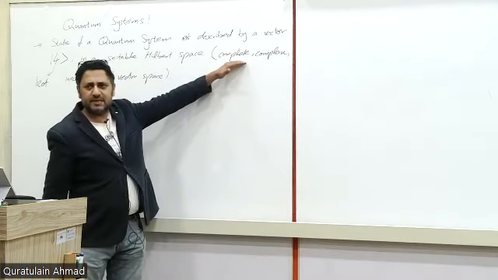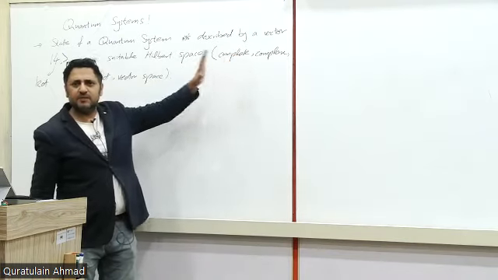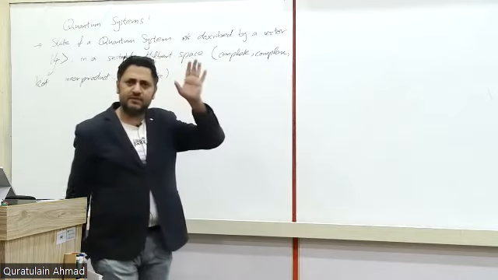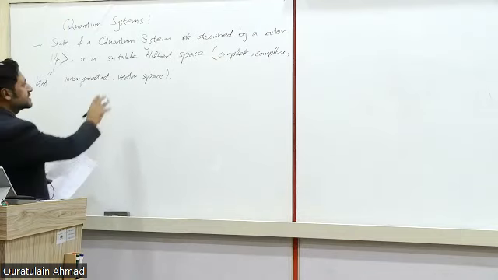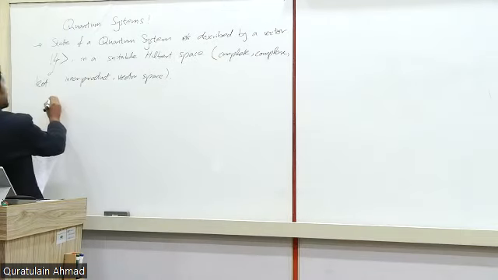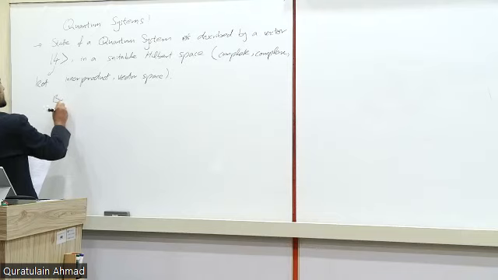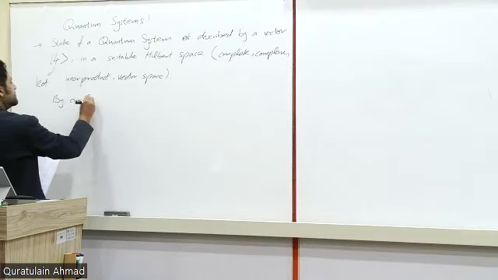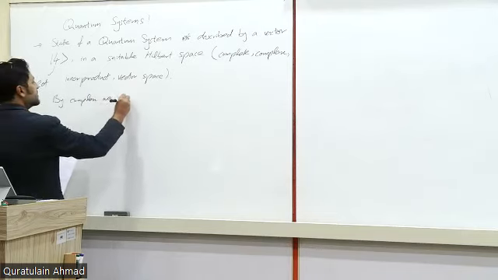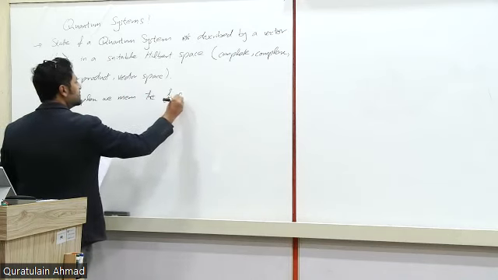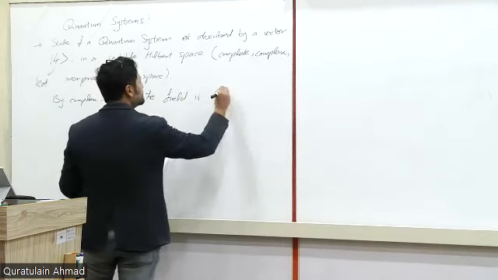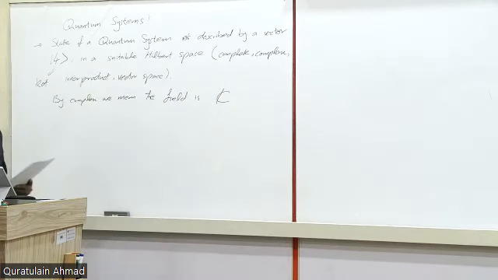What do we mean by complete? I'll just mention what it means, but we will come back to these analytical issues later on. But I should still explain what all of this means. By complex, we mean that the field is C. The field is complex numbers.